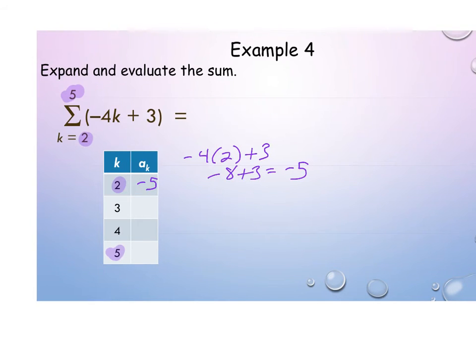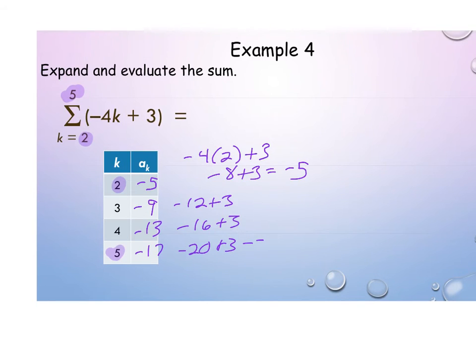Then negative 12 plus 3 is negative 9. Negative 16 plus 3 is negative 13. Negative 20 plus 3 is negative 17.